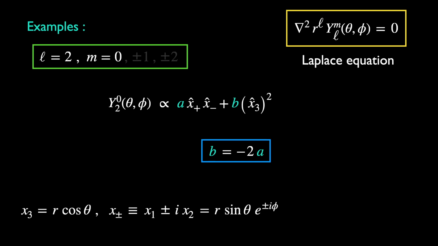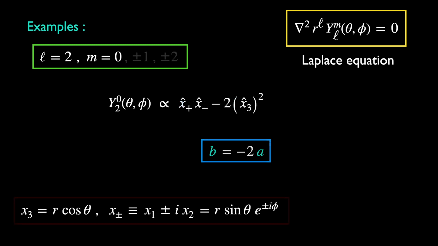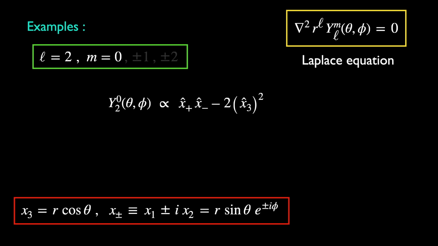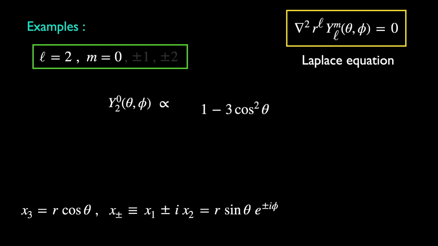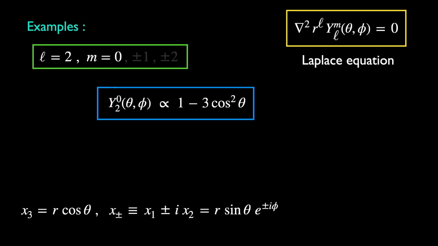A itself is fixed by the normalization condition. Plugging in the values of x hats, if we express sine square as 1 minus cosine square, we end up with the following. And the case of m equals 0 is solved.